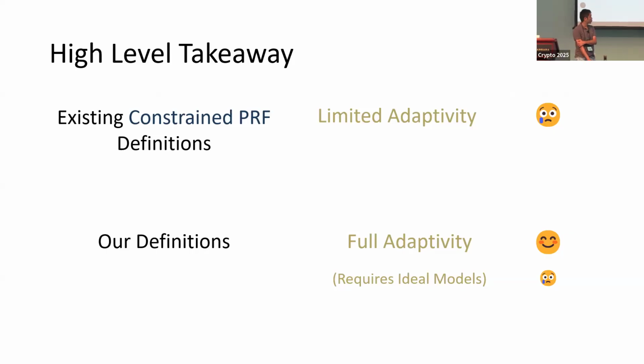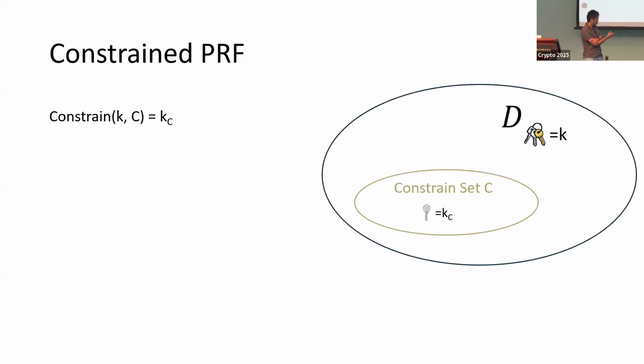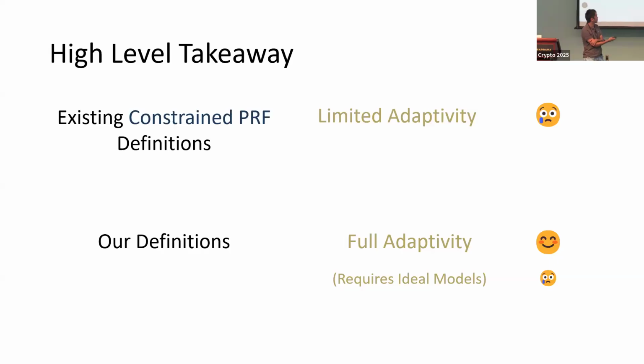However, some applications require adaptivity that is beyond what is captured by the current definitions. Therefore, we propose a fully adaptive definition. And then we also show that some natural constrained PRFs indeed achieve our definition. But there's no free lunch, and our definition requires ideal models like the random oracle model.